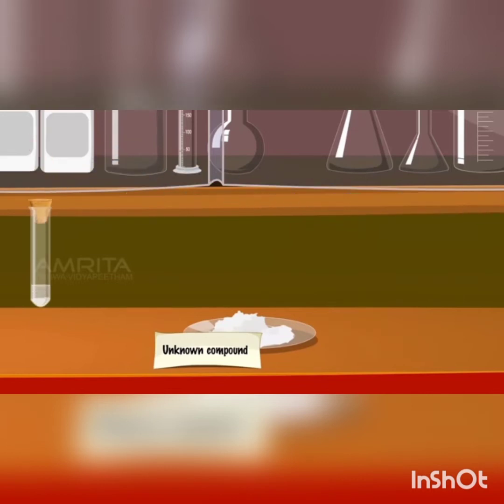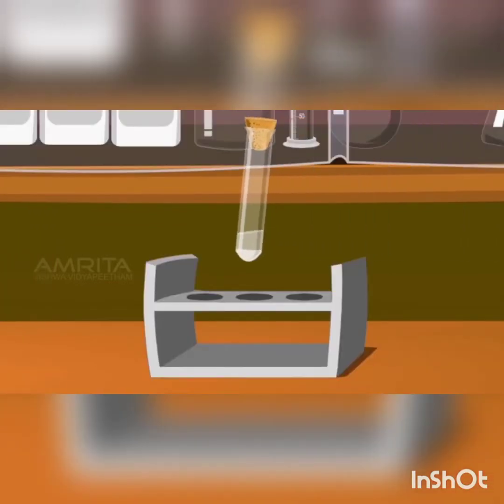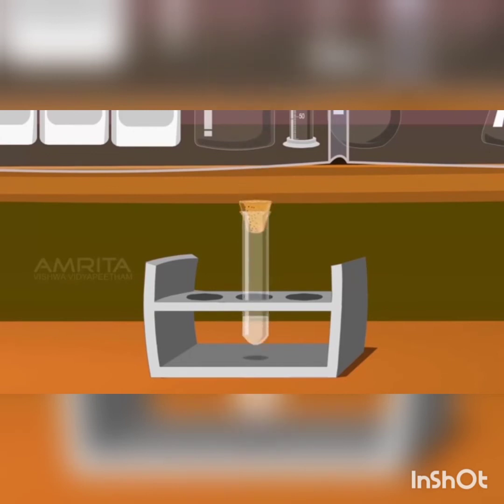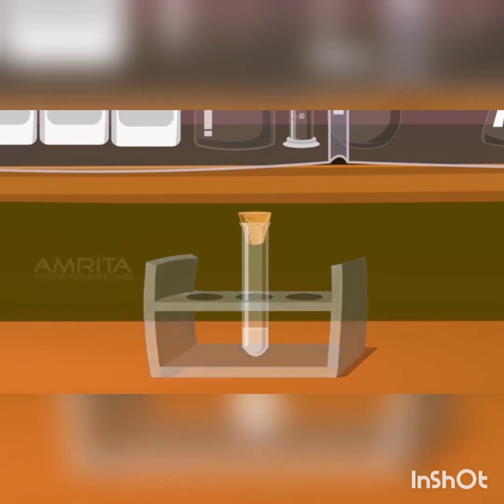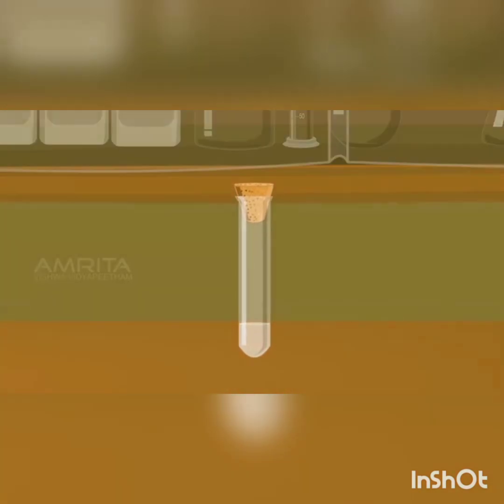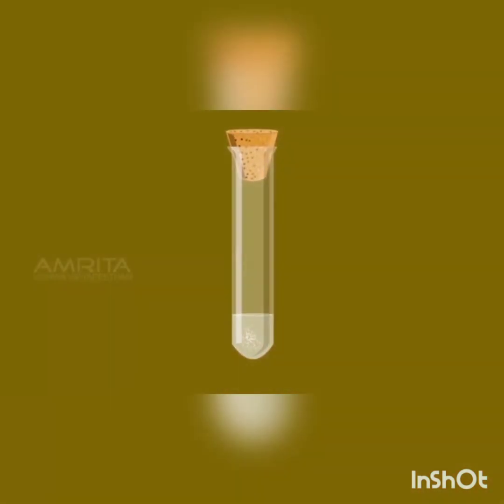Cork the test tube. Shake it and allow it to stand for 20 minutes. Formation of crystalline white precipitate confirms the presence of carbonyl group.